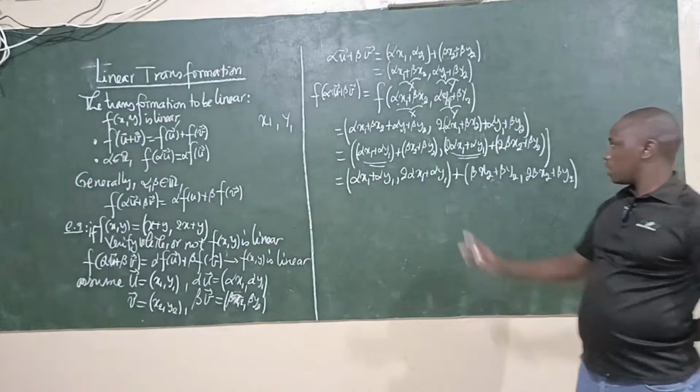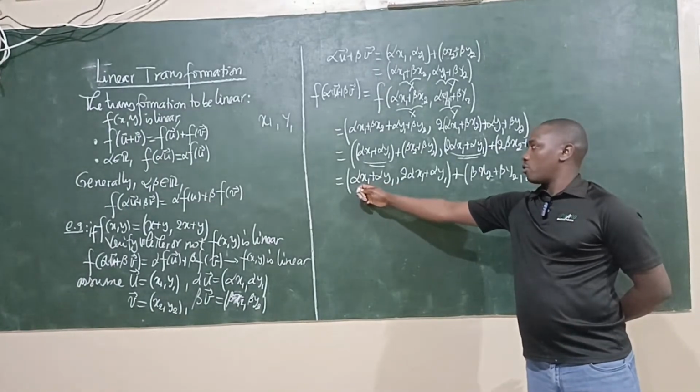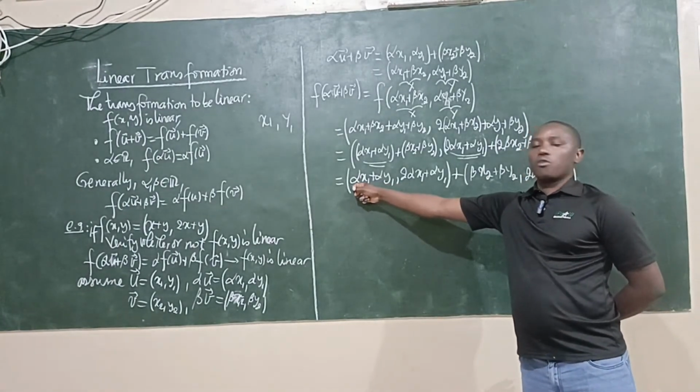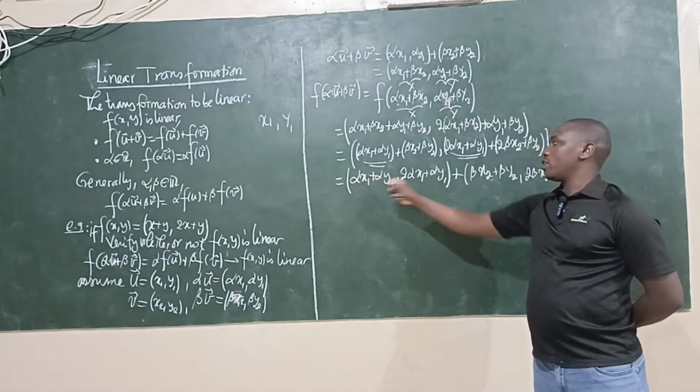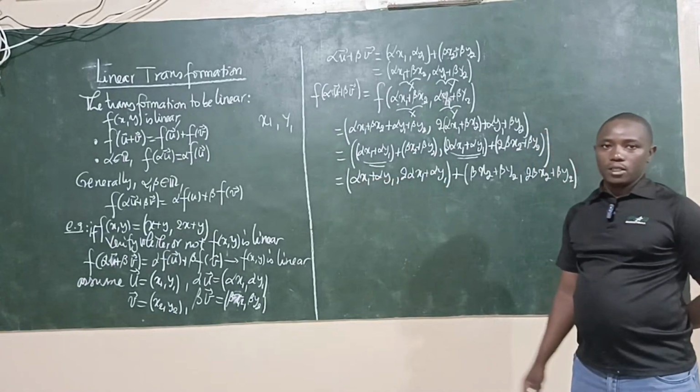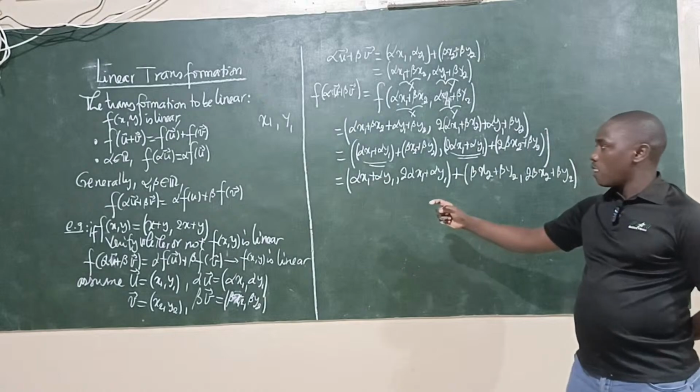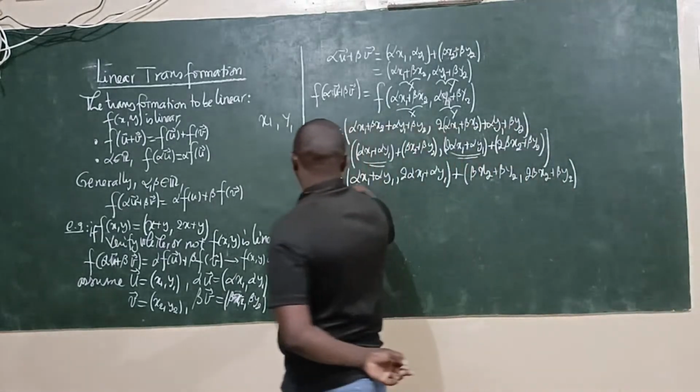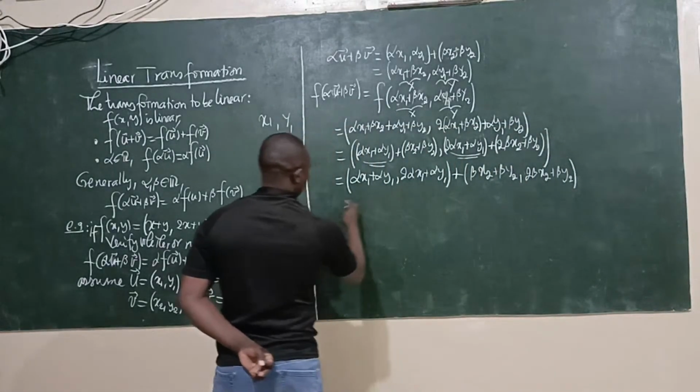Now, the first stuff consists of alpha everywhere on each element. That is why this alpha is going to be taken out of this parenthesis.